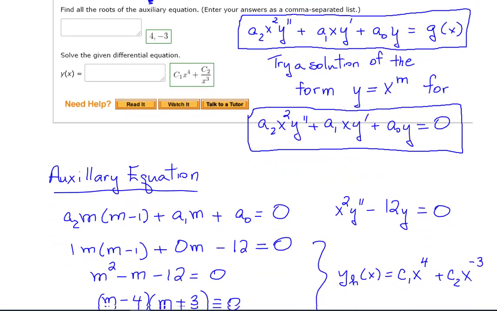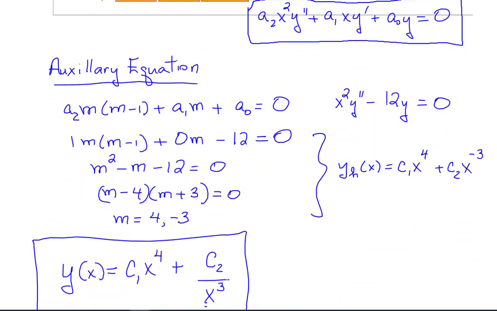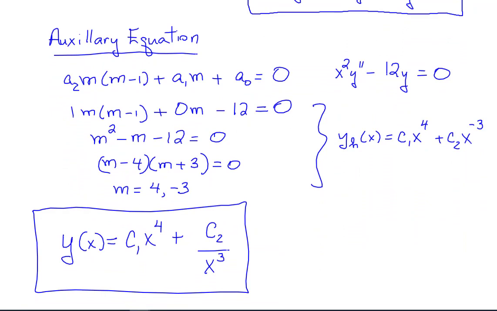Now, much the same way as previously, we have an auxiliary equation. And this equation looks like a2 m(m minus 1) plus a1 m plus a0 equals 0. So in our particular problem, I've got a 1 in the front. There is no y prime term, and I have a constant of minus 12 on the end.